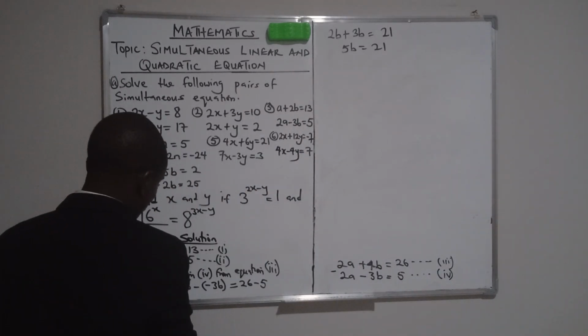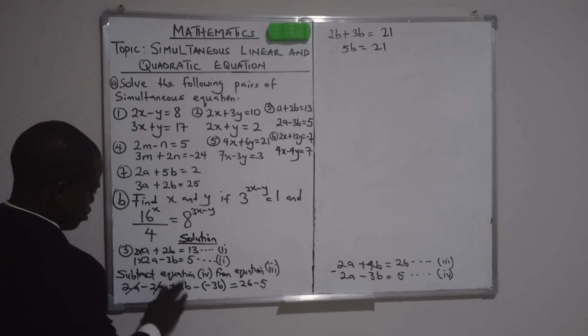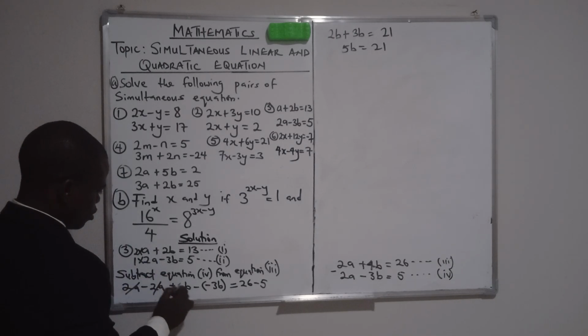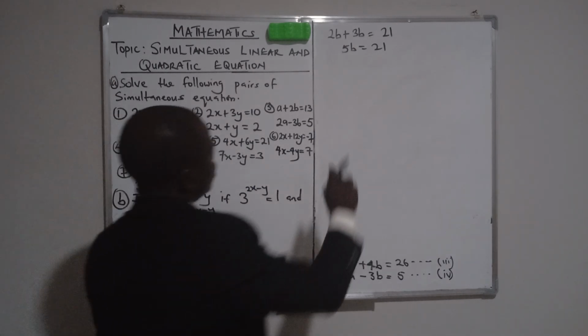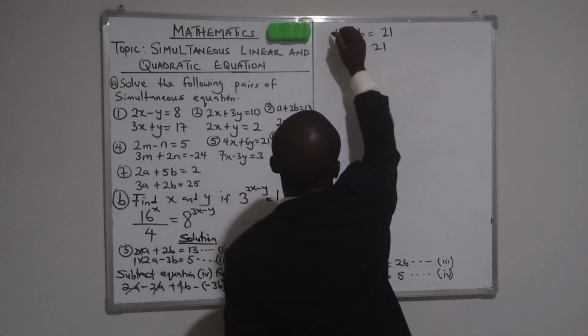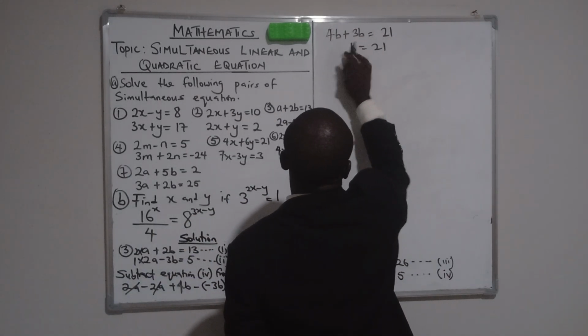That means that here, this one will not be 2b. This one will be 4b, sorry. 4b minus, as my other is positive, will be 4b plus 3b, so will be 7b.